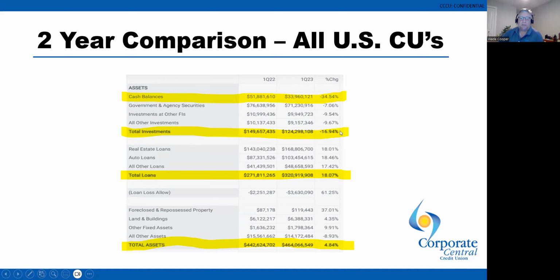However, the loans didn't stop. They're up 18% over that time period. And then total assets 4.84. So as an industry, we went up, but the loans really, really spiked, and the cash all drained out. So when the cash drains out and the loans don't stop, what happens? You need the borrowing. You get the squeeze. It's hard to raise your cost of funds, even though you need to keep that money in there.